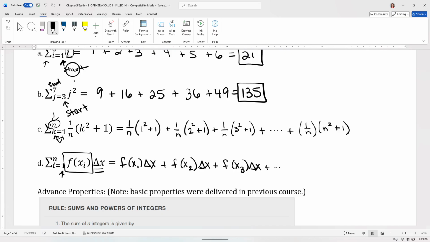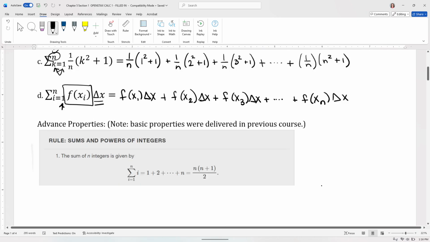And this pattern continues until we get to the nth x, plug that into the function, and then multiply it by that delta x again. Also here, I can't really do much. I could factor out whatever that delta x number is. They didn't tell me, so this is as good as I can do for now.